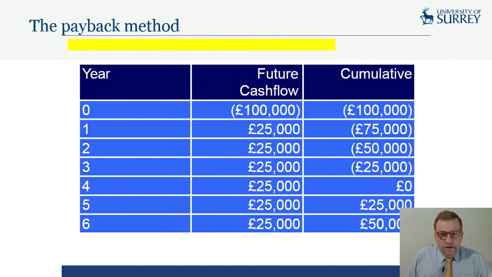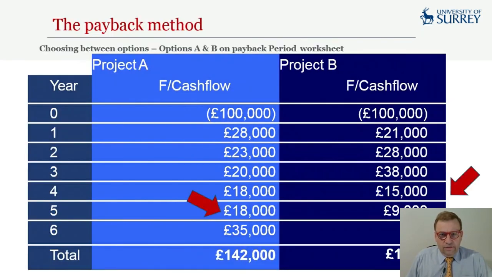And then we have another important question: how could we compare 2 different projects? Look, this shows 2 projects, A and B. If we have a cutoff point of 4 years, we could make a very fast calculation: 21 plus 28 plus 38 plus 15.